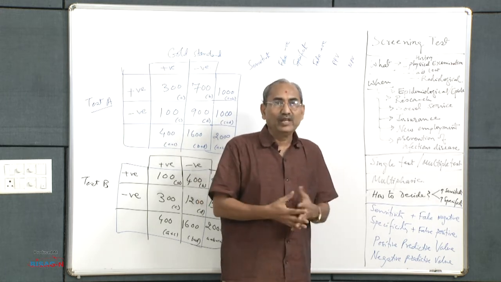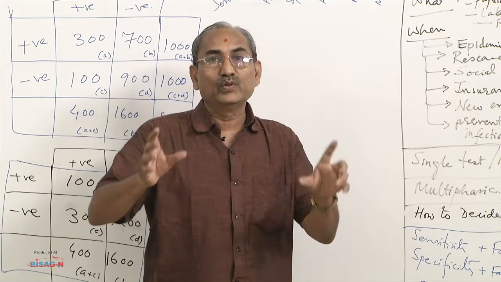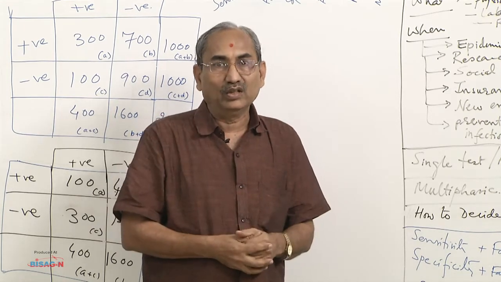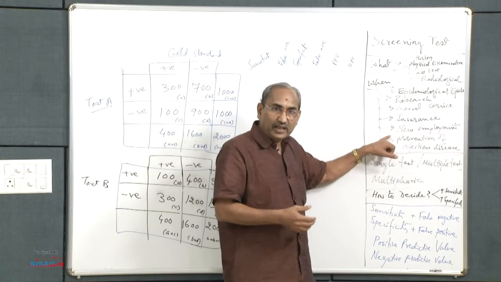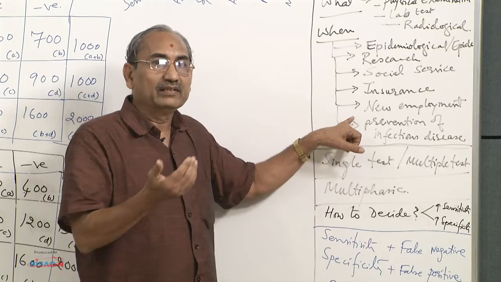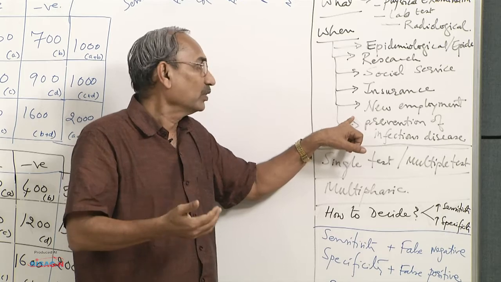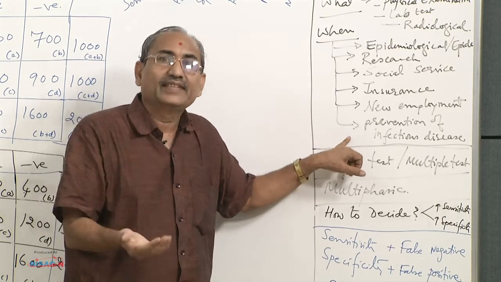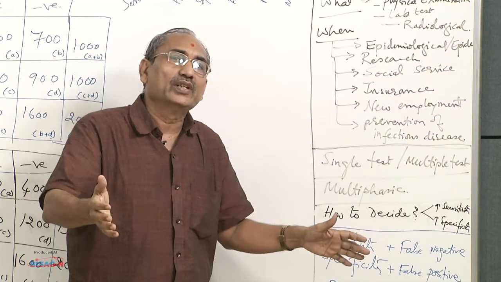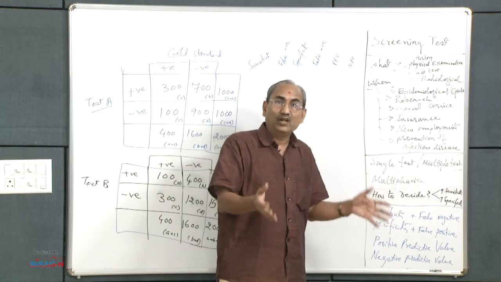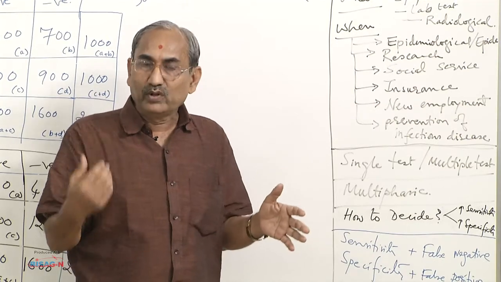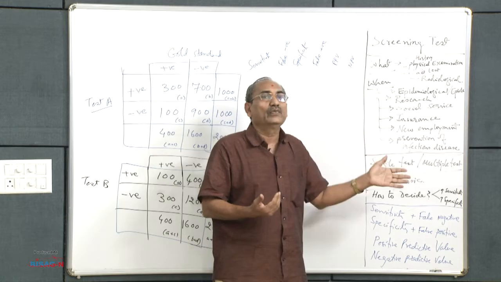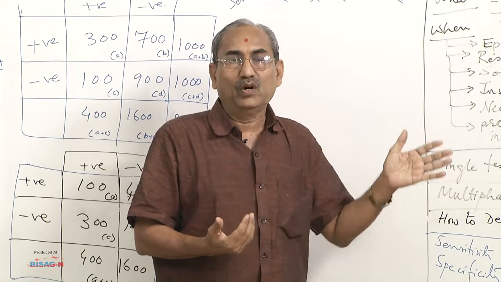The beautiful name of a screening test is sometimes health checkup, to find out if something abnormal is there or not. It is also done for new employment in industry. Then for prevention of infectious disease, suppose a particular population is not suffering from yellow fever, then they would not allow a person coming from a zone where yellow fever is epidemic or endemic.